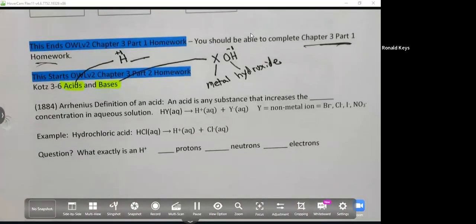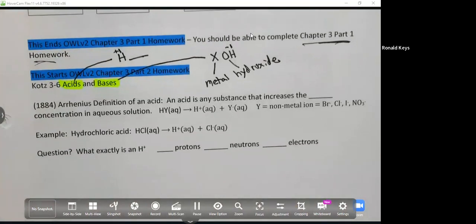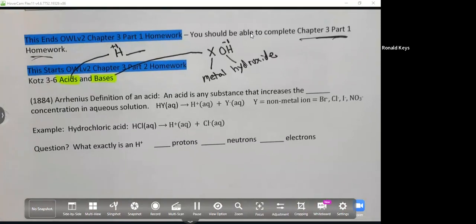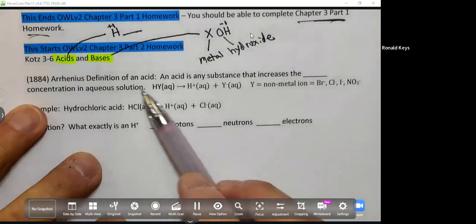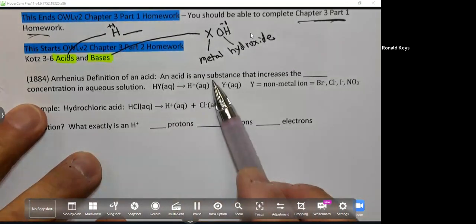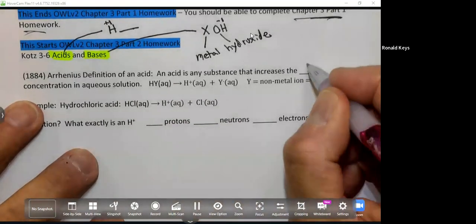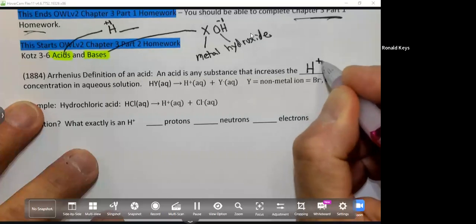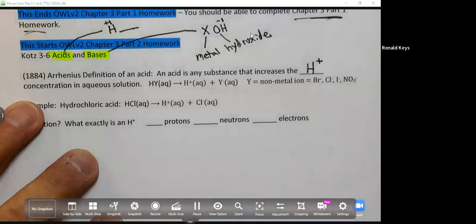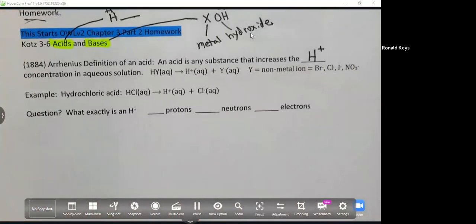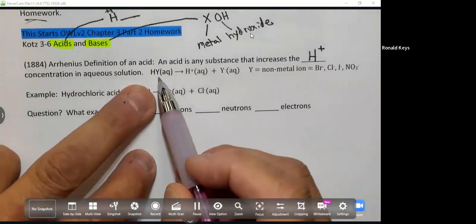So we don't do a ton of work in this course with acids and bases. So this does a little bit of an introduction. So the Arrhenius definition: an acid is any substance that increases the H plus concentration in aqueous solution. This is my generic for a weak acid.